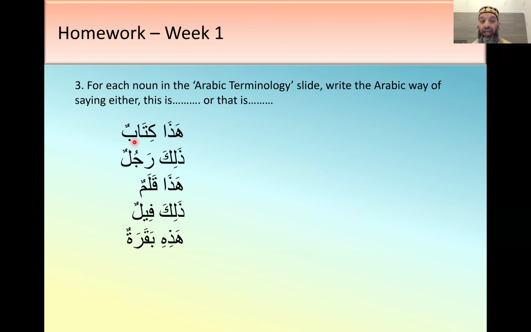Kitabun means a book. So you would say either hadha, this is a book, or you would say dhalika, that is a book. You won't say hadhihi and you won't say tilka, because hadhihi and tilka are both used for feminine words. Kitabun is a masculine word?